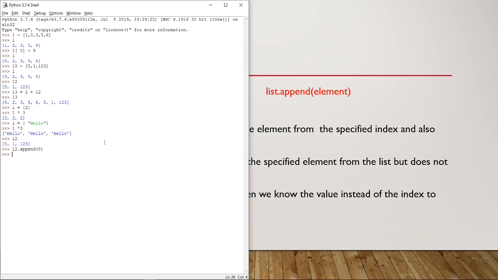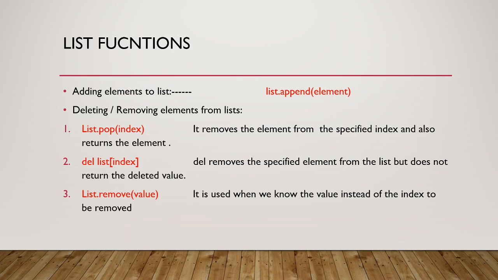So it will add 8 to the end of the list, as you can see there. You can see it adds all the elements that we give at the end of the list.